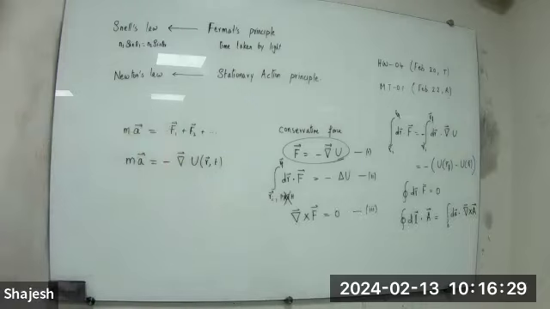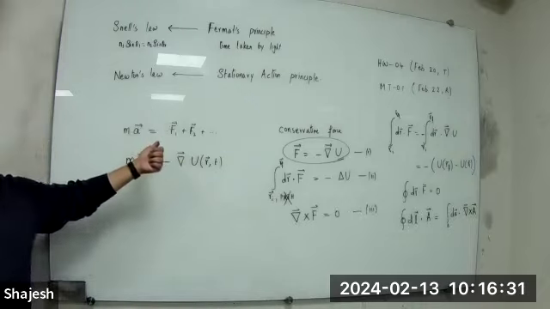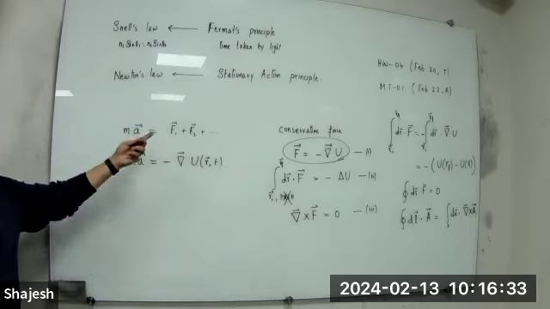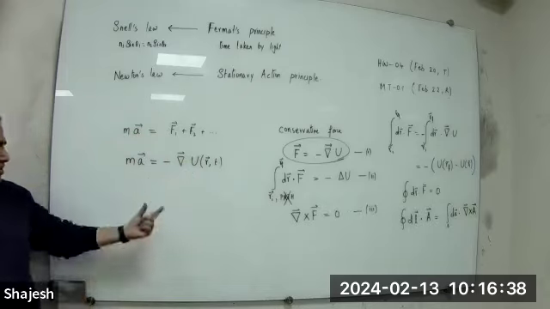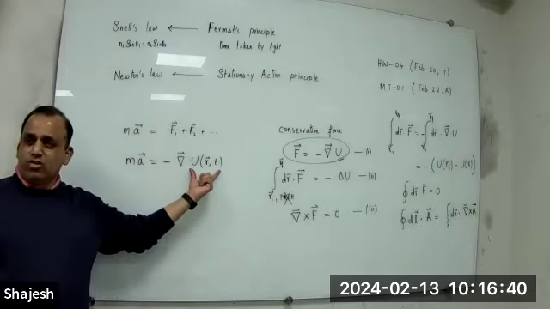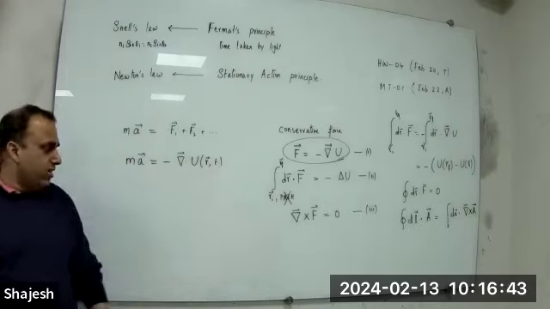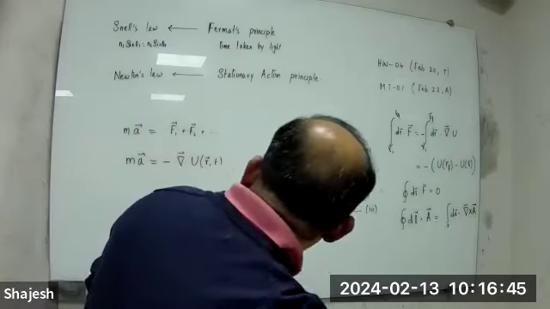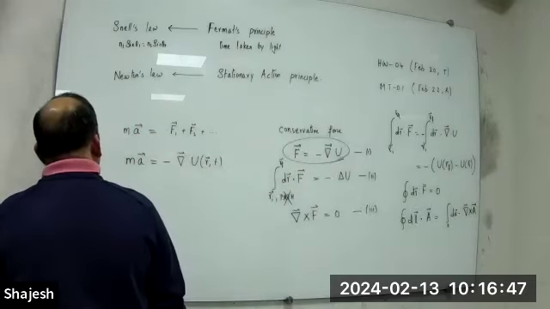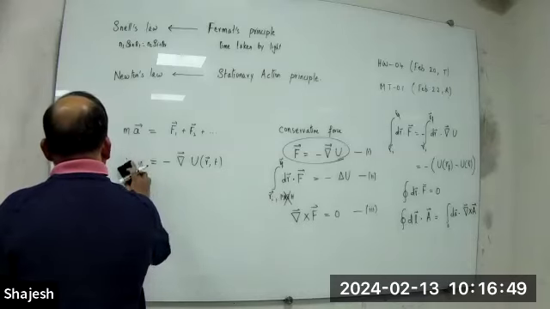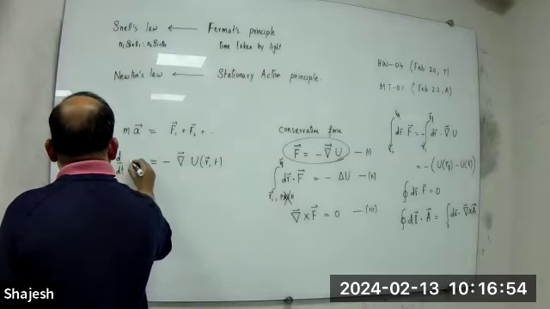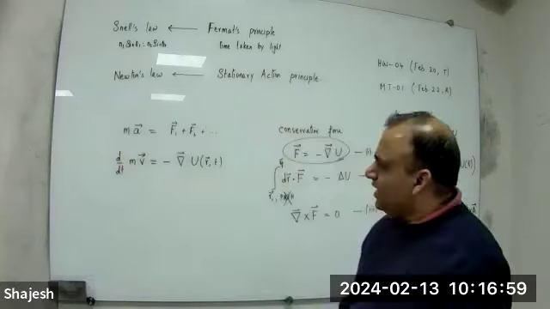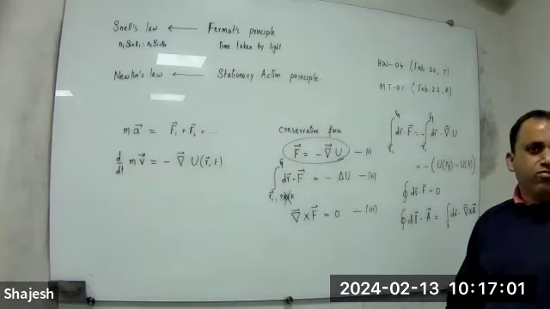So I want to talk about a particular case of Newton's law when the force can be written as the negative gradient of energy, and the energy could be time dependent also, very general. Mass times acceleration can be written as d by dt of mass times velocity, right? Let's write it in that form.